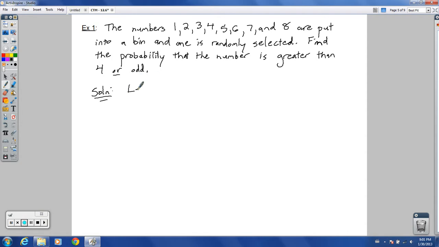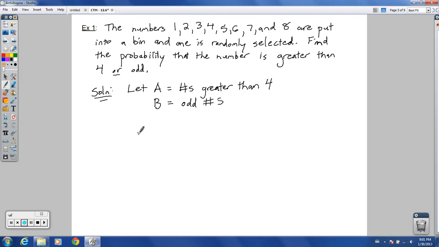Let's suppose for right now that set A is the numbers greater than 4. I'm not saying all numbers in the whole world greater than 4. I'm saying the numbers from this list greater than 4. This is our universe in a sense, and B is going to be the odd numbers, again from this list of numbers.